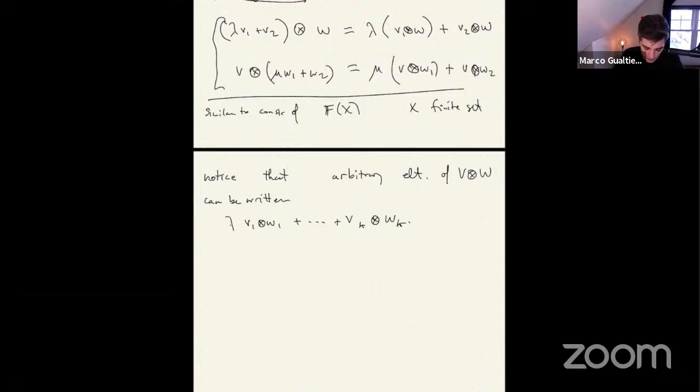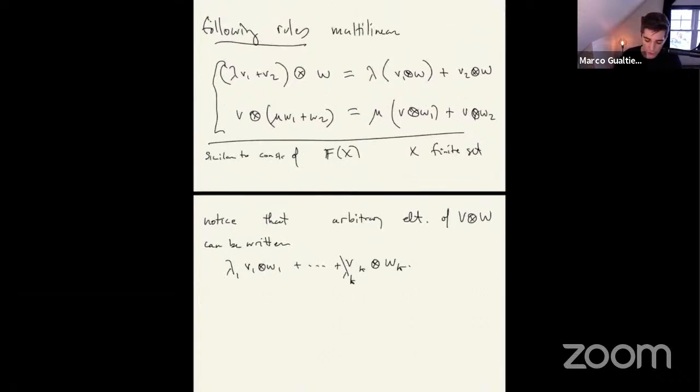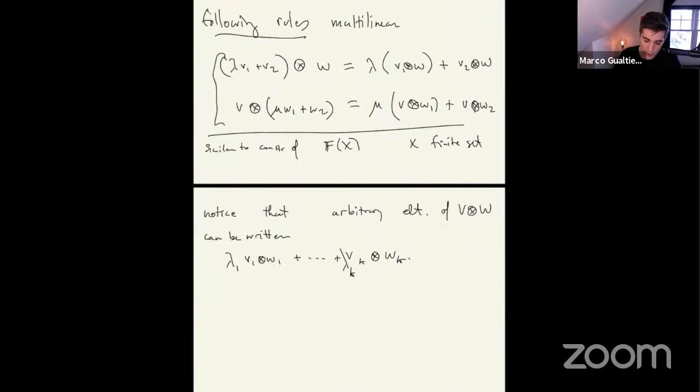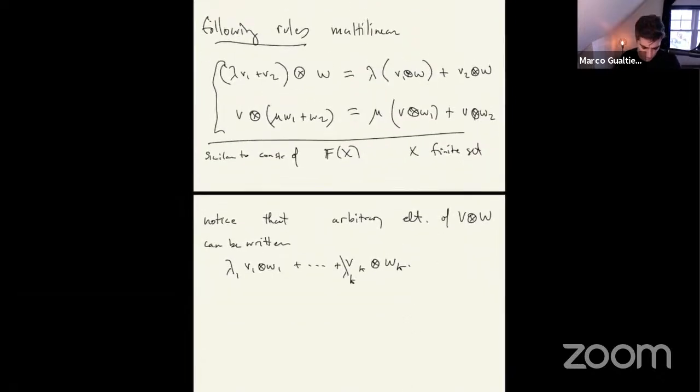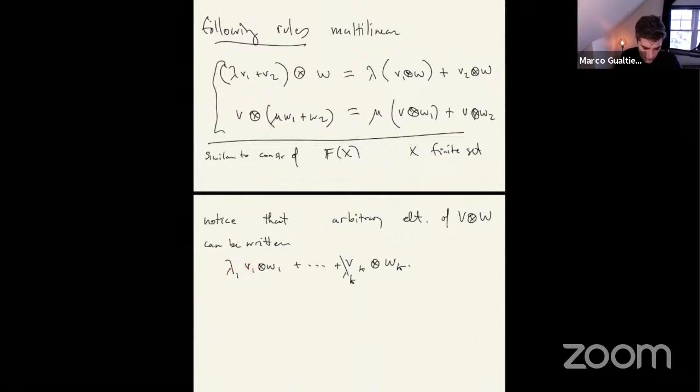So a priori, every element of the tensor product looks like this for some V's and W's and lambdas and for some k. It's just a formal sum like this. But I can use the rules to simplify this expression. I can take this lambda and view it as multiplying one of these two vectors.